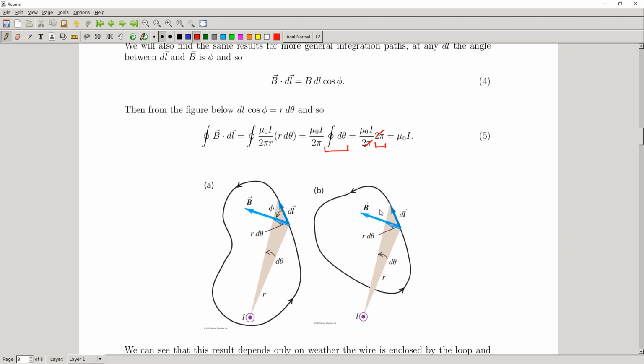It's kind of hard to see over here, but here we're enclosing current, right? So this loop integral here is going to give us a non-zero value. Here we're not enclosing current, and the way this works is we're picking up a positive contribution from this chunk that we're integrating over here, but at the same time we're picking up a smaller in length, but equal in magnitude contribution over here, because B is stronger over here.